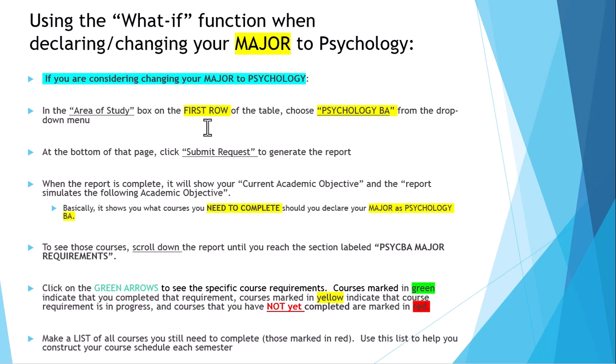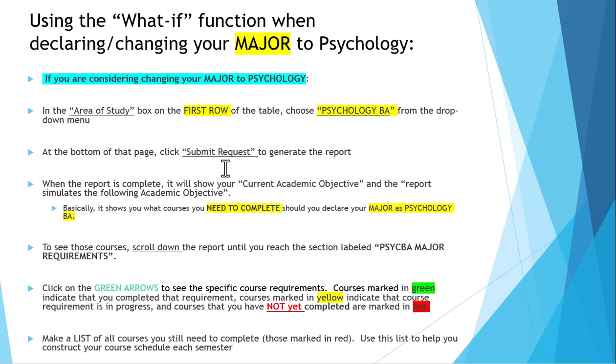Following the example, if you're currently a biology major, that area of study box should say biology. If you're wanting to change your major to psychology, then in that box, choose Psychology BA from the drop-down menu.